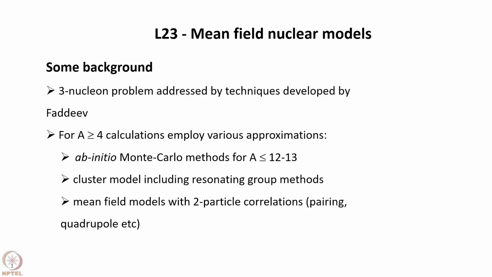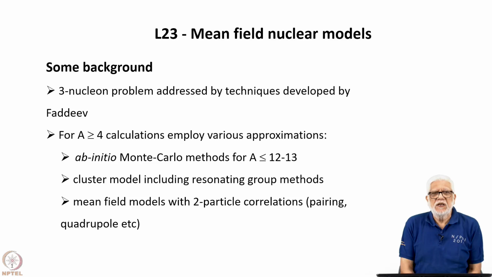In this lecture, we will talk about so-called mean field nuclear models. Now, of course, we know that the nucleon interaction is fairly complicated, and even the two-body problem of the deuteron requires all the techniques of computation to be used to find out or to look at various observables and so on.